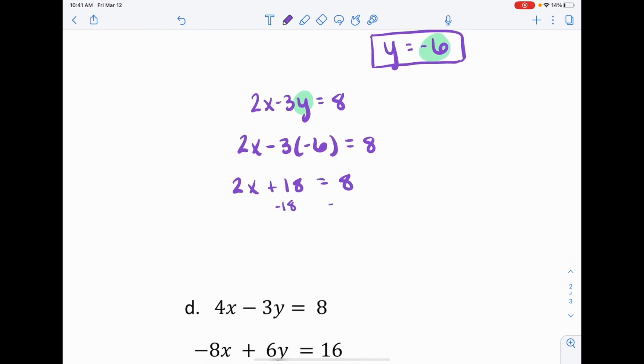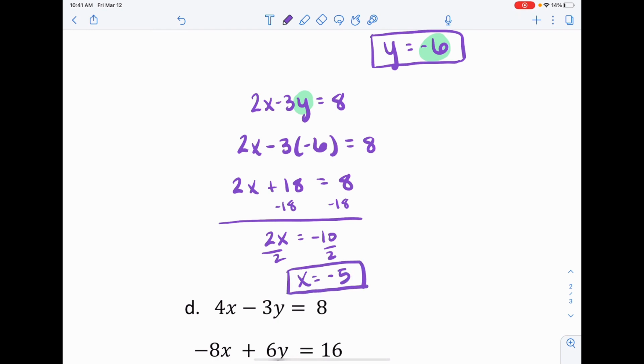Minus 18 on both sides. Just making sure I did that correctly. Yep, so then we've got negative 10, divide by 2, so x is equal to negative 5. We have our answers.